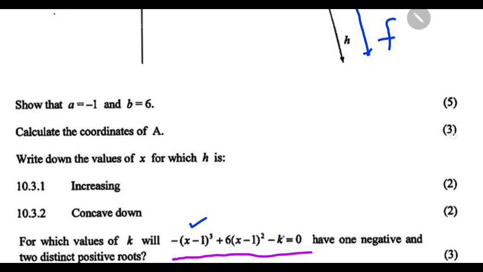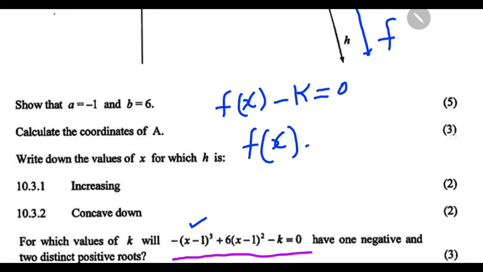So this negative k is a vertical shift, which means f of x minus k is equal to 0. So for f of x, this negative k I pull over to this side and it becomes positive k, which means y is equal to k. So this is a vertical shift.